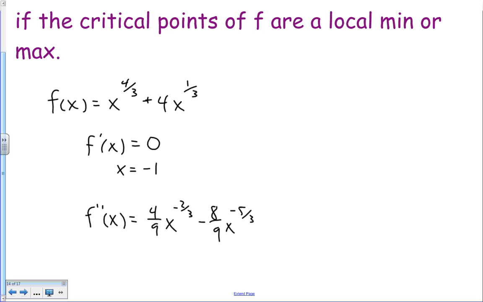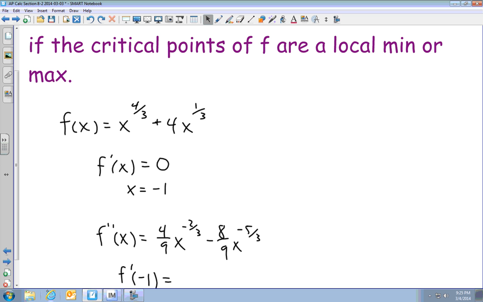Just make sure you got the right second derivative there. So what we want to calculate is what f double prime at -1 is equal to. And if that turns out to be positive, it tells us one thing. If it's negative, it tells us something else. So let's find out what we get. We'll punch that into our calculator.